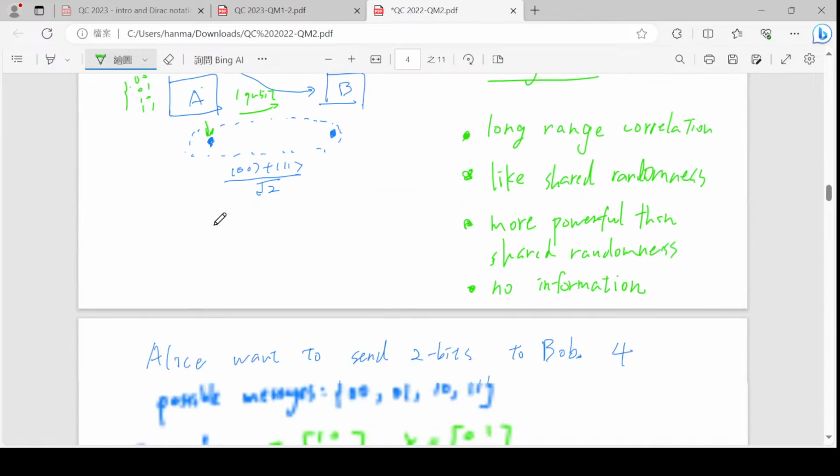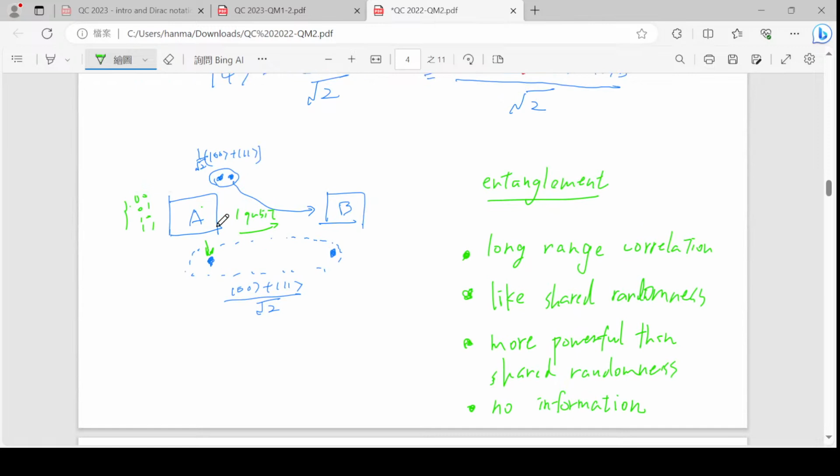Let me say something that might confuse you. It seems like they are sending 2 qubits total here, because they need to send 1 qubit to create a shared entangled state and send another qubit to send the actual message. But that's okay, because this shared entangled state can be sent before they know the message.